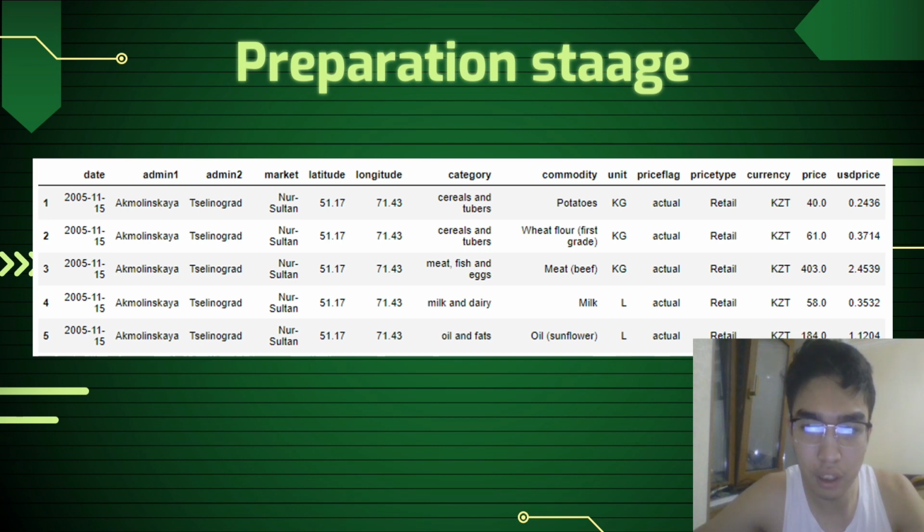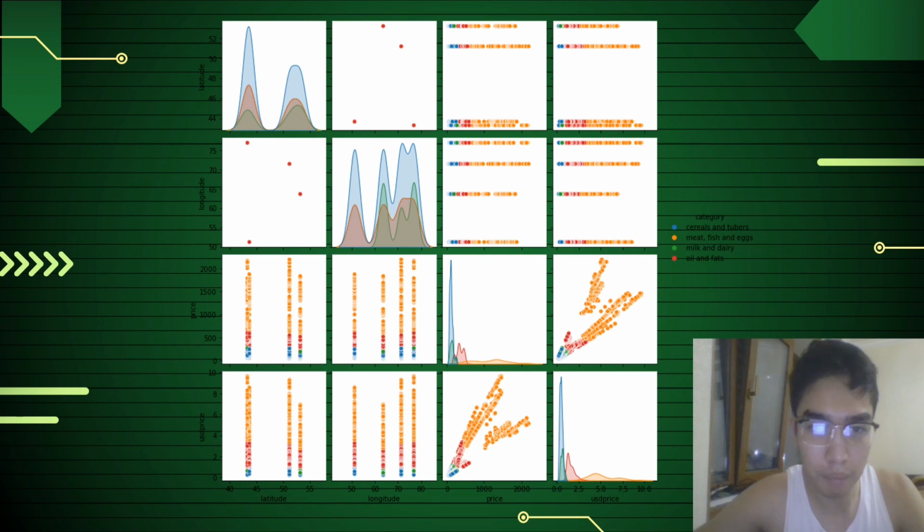So I have the best feature graphs. These graphs illustrate how the columns work with each other. For instance, latitude, longitude, and price and USD price give the best result. So as you can see, these graphs are much more fitting for our classification.